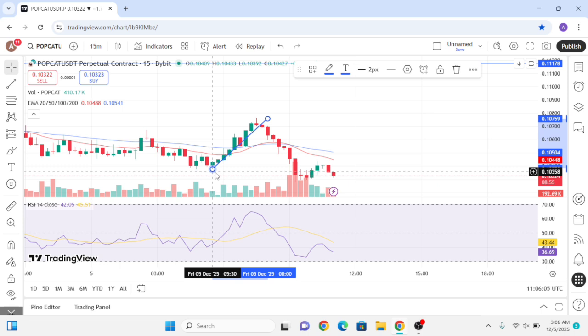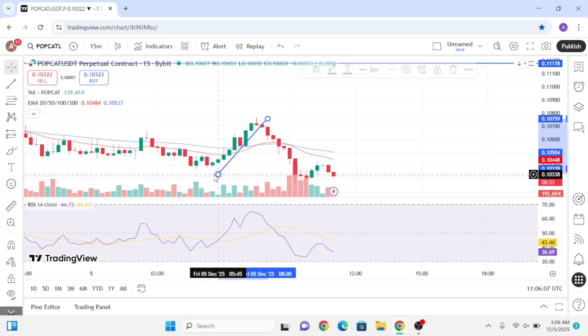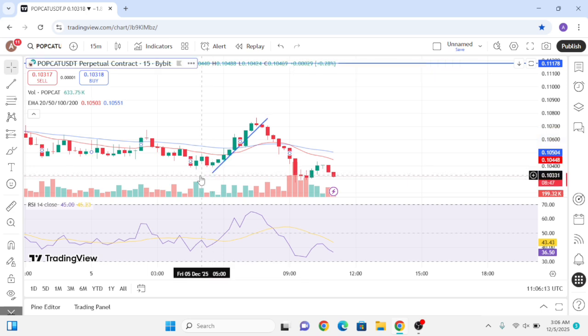So how will you identify when to close the trade? At this point, if you see from here, the chart itself is not looking nice. But for you to buy when the crypto is coming down, you have to wait for two things.